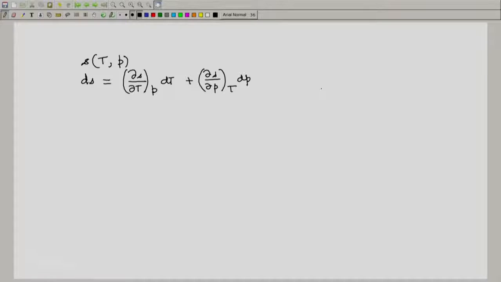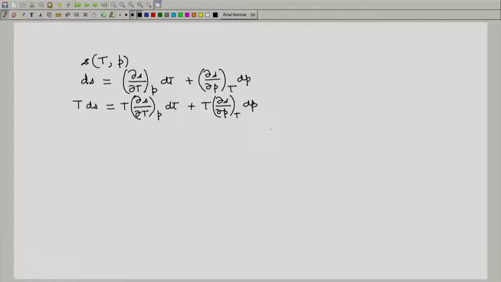Let us multiply this throughout by the temperature T, and we will get T ds is T into partial of s with respect to T at constant p dT plus T into partial of s with respect to p at constant T dp.